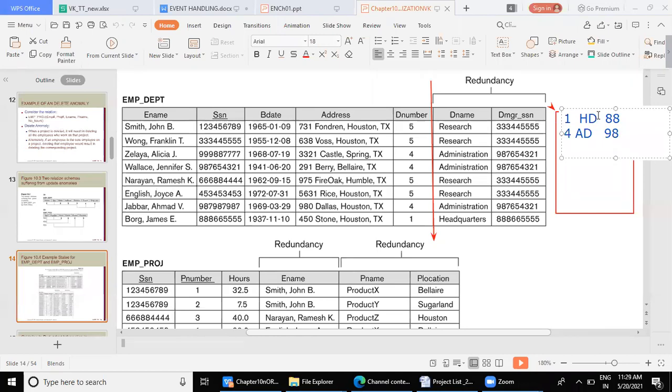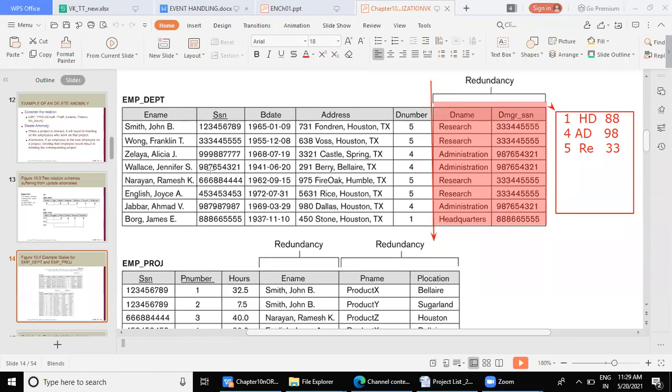Then there is department 5, whose name is research and manager is 33. Assume that this information is hidden completely.